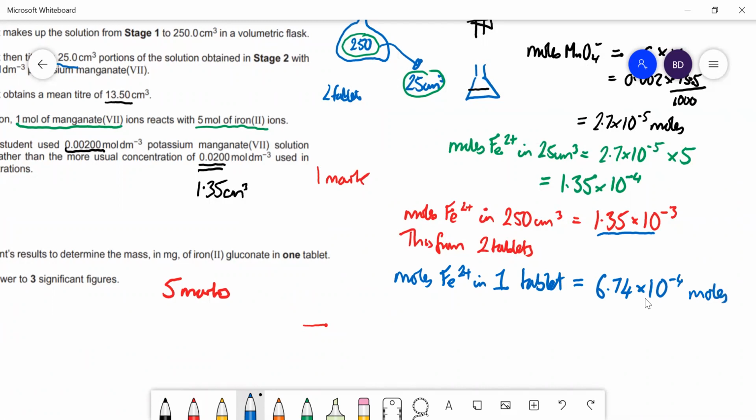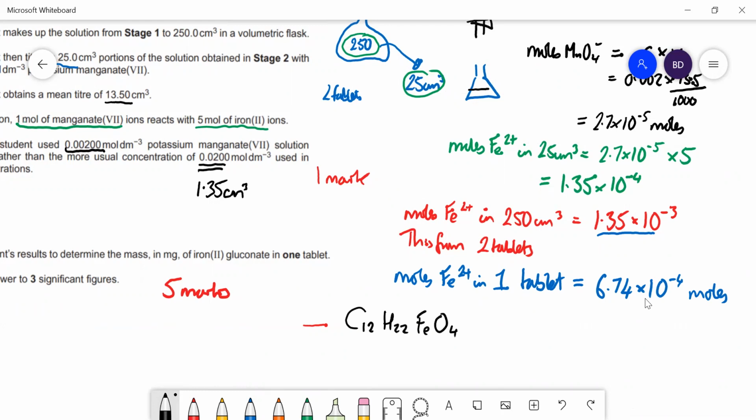Now, the question is asking, so we've got to find out the mass of iron 2 gluconate in one tablet. If we look at the formula of iron gluconate, the formula is C12H22FeO4.